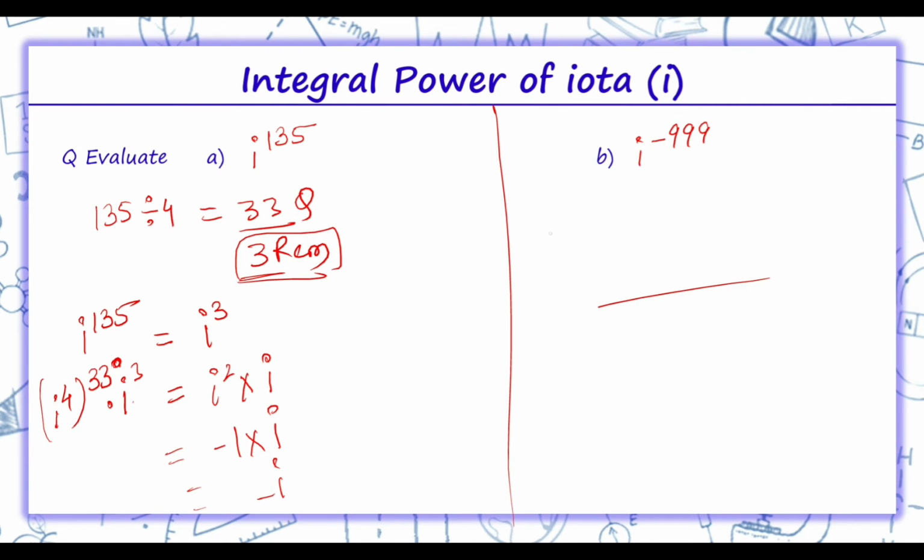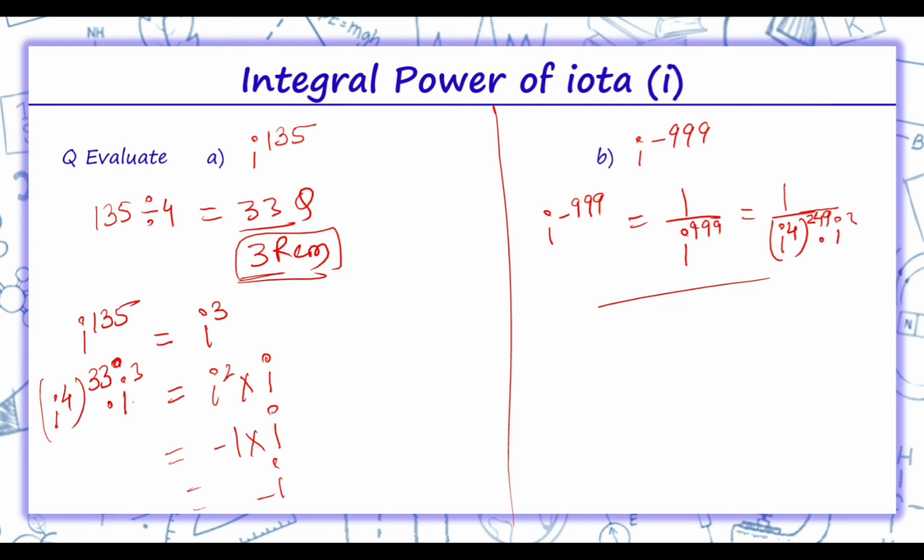Similarly over here, i to the power minus 999 can be written as 1 upon i to the power 999. So if we divide it by 4, we'll get i to the power 4 and we'll get over here 3 as a remainder. Now as we are getting 3 as a remainder again, when we divide 999 by 4, 4 into 2 is 8, 19, 4 into 4 is 16, then again 39, 4 into 9 is 36.